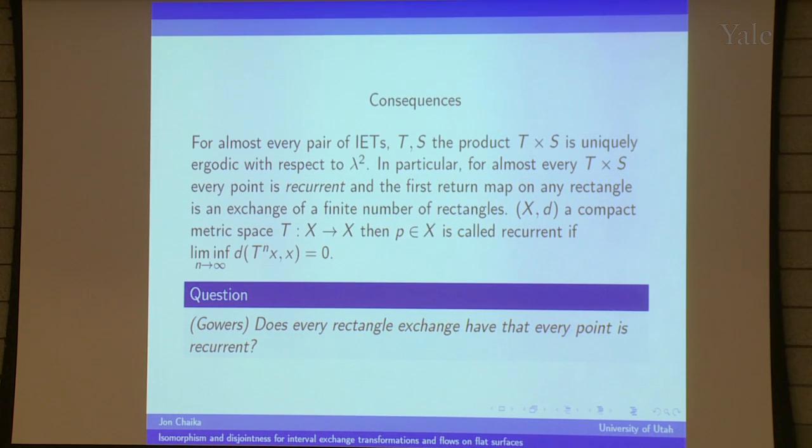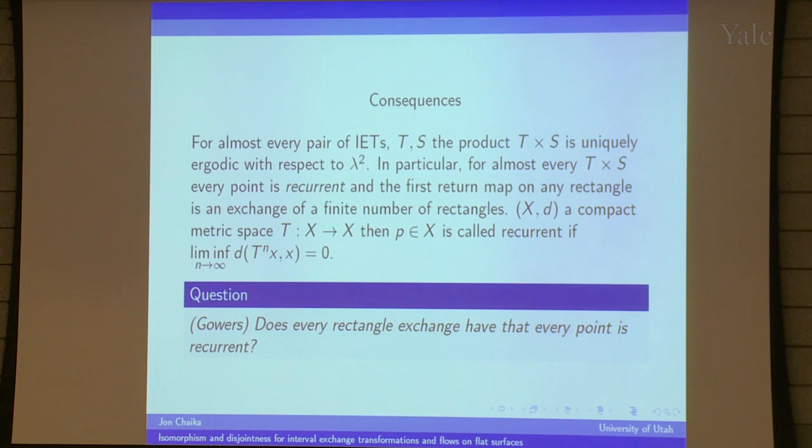Okay. And so there's still an open question of Gowers, which is, does every rectangle exchange have the property that every single point is recurrent? I think for interval exchanges, it has been known at least since the 70s that every point is recurrent. And so this is asking for some kind of two-dimensional generalization. Just a remark, I think he says in an article that he suspects the answer is yes, and that other people suspect the answer is no. So that's a question.